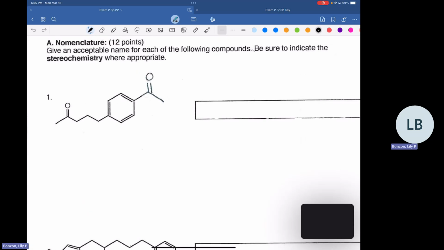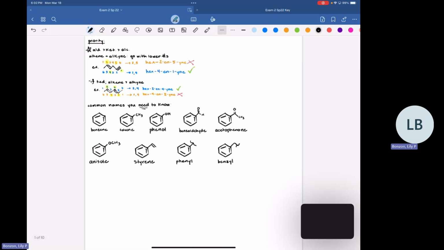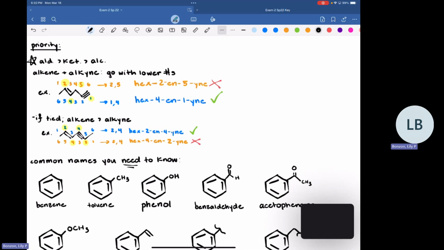So we've got our benzenes, and in this chapter, we've introduced our ketones and our aldehydes. In addition to everything else that we've learned previously, that's going to be fair game. For our priority for nomenclature, aldehyde is going to be higher priority than ketone, which is going to be higher priority than alcohol.